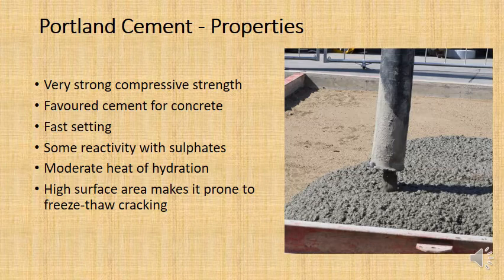That is going to push the small gaps in between the Portland cement that's dry. It's going to open and close them, and it's going to lead to lots of small micro cracks called freeze-thaw cracks in the concrete. We'll talk more about that when we go into Intro to Concrete.